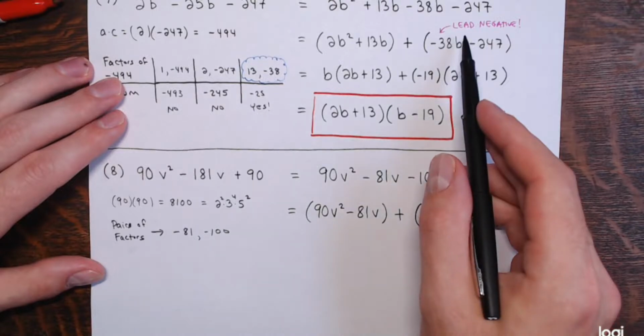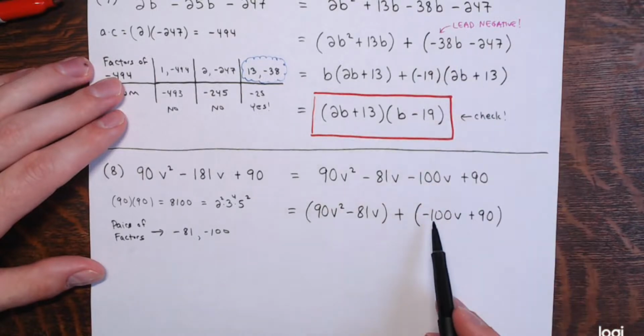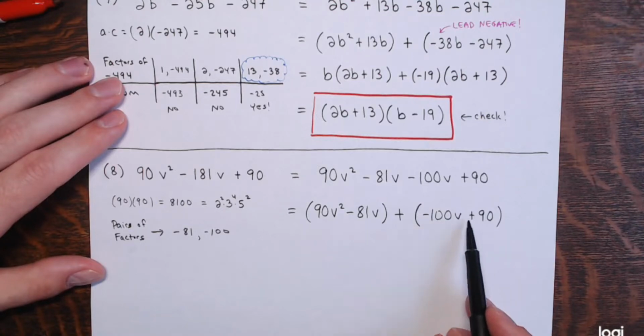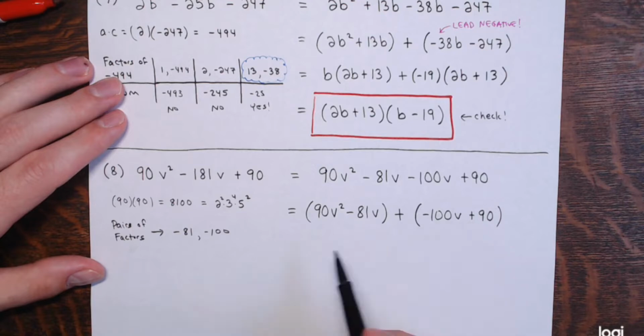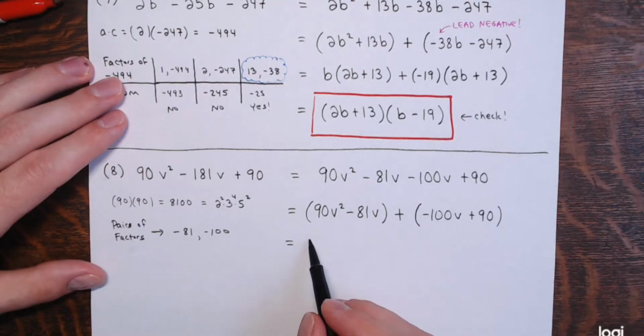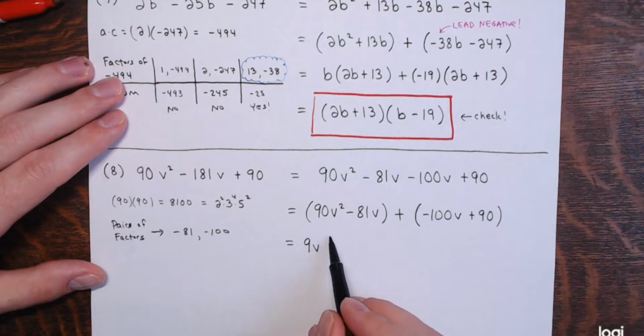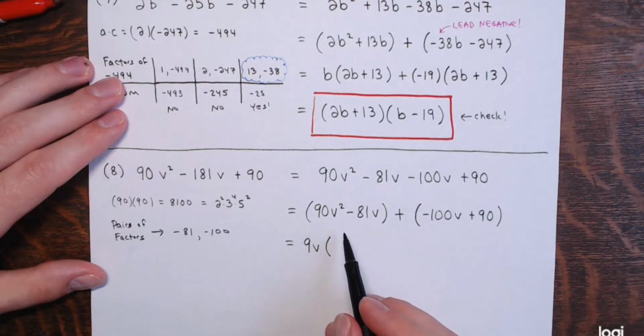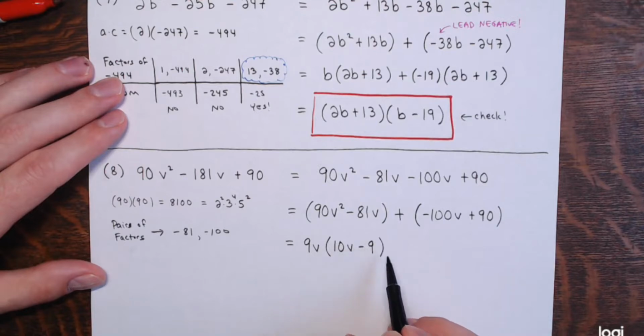And once again, we have a case like in example 7 where this second group, the lead, is a negative number. So I'm going to pull out the opposite of the greatest common factor from this second group. From the first group, the greatest common factor here is 9v. And if I remove 9v, you'd have 10v minus 9 left over.